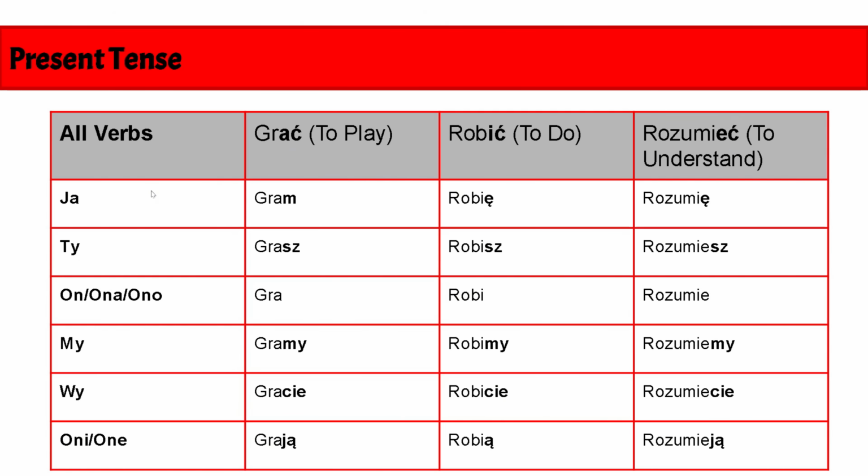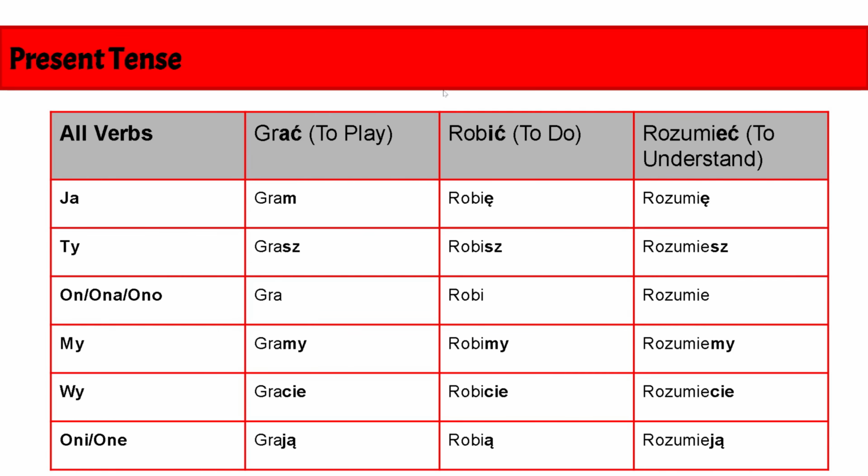Now let's just go down the list. Ja gram, I play. We replace the ć with an m, so we have ja gram. Ty grasz. Same thing, the ć gets replaced. We have an sz, so ty grasz. You play. On gra, ona gra, ono gra. He plays, she plays, it plays.